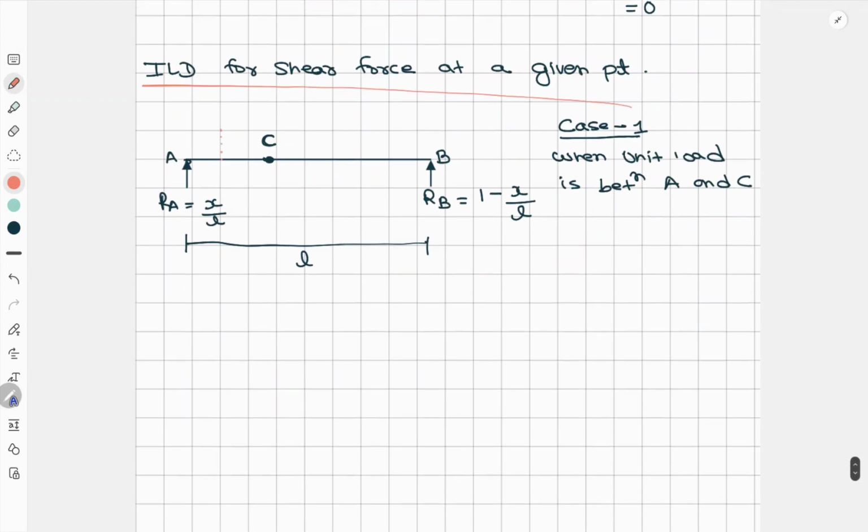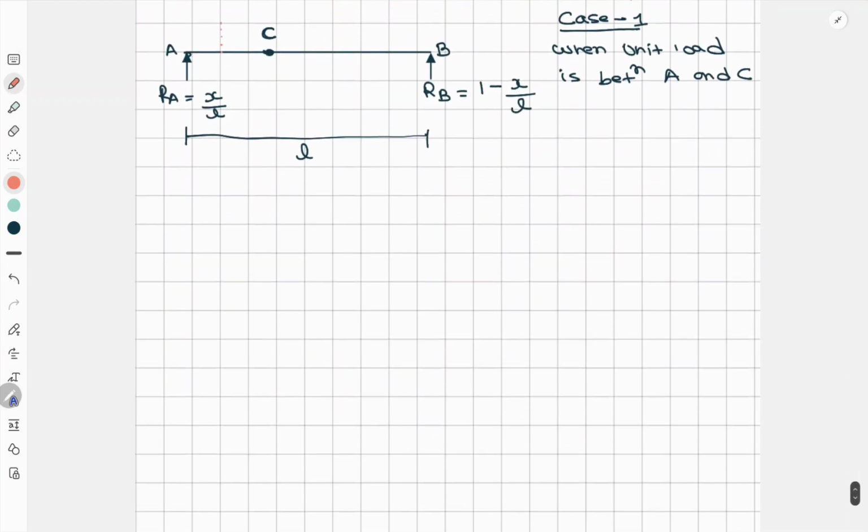Then what will happen, we have to find the shear force, right? Shear force at this point C. So now shear force at C for case 1 will be what? It will be RB only, right? RB and C. For the shear force, if it's acting upward, then it will be a negative.